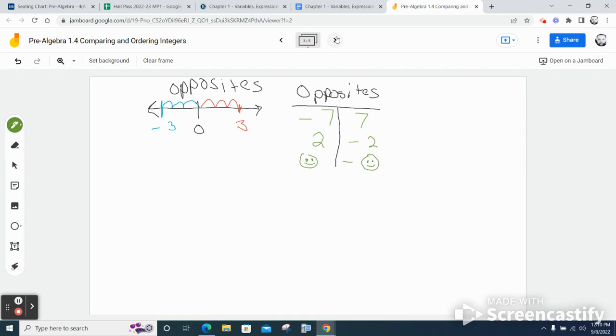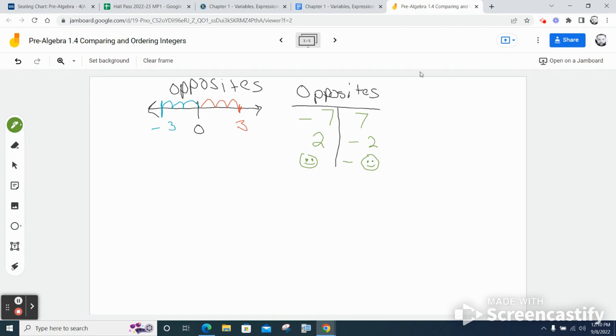So if I have a marker, and think of this in terms of football, there's your 20-yard line and their 20-yard line. Those are opposites. You're on opposite sides of the field. Okay? You're basically the same distance from the goal. Except on a number line, we're thinking about the same distance from zero.